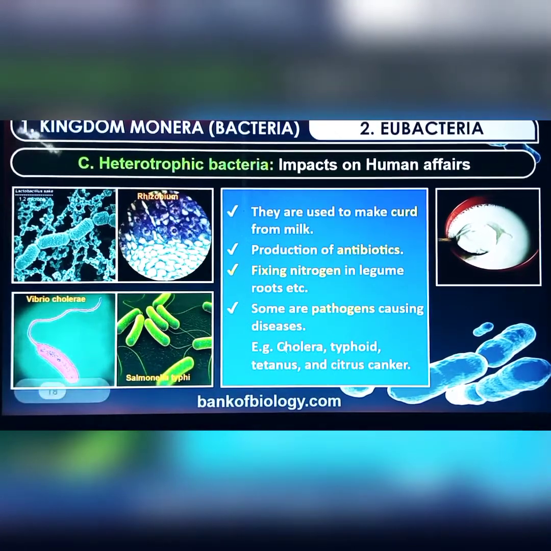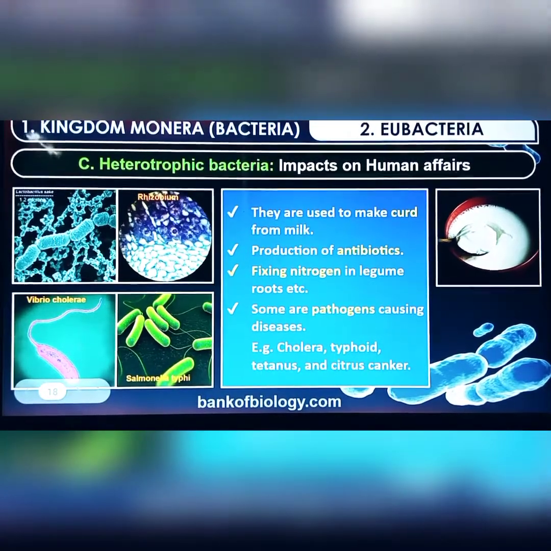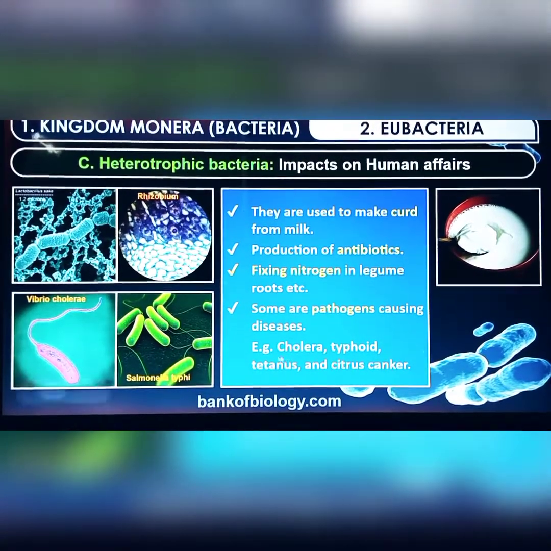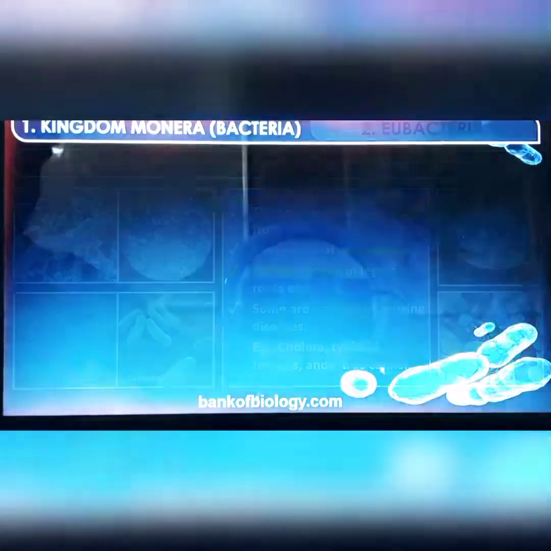Cholera is caused by Vibrio cholerae, typhoid is caused by Salmonella typhi, and tetanus is caused by, here it is not mentioned, but you know, Clostridium tetani, and citrus canker is also caused by bacterial infections.